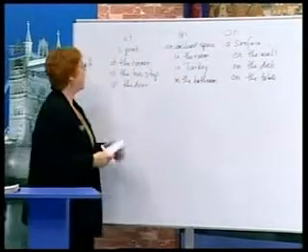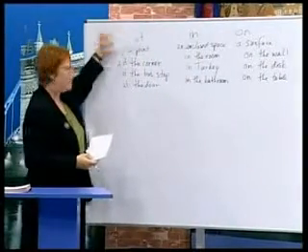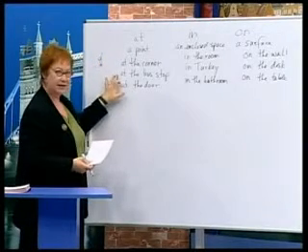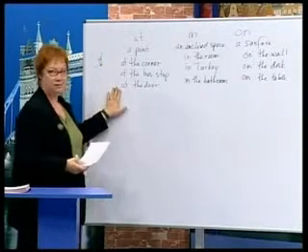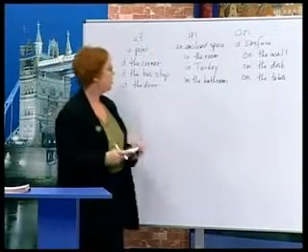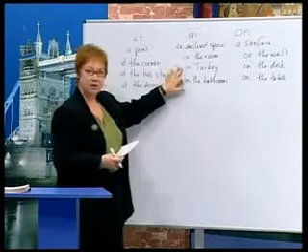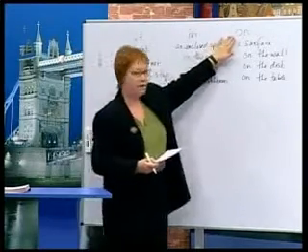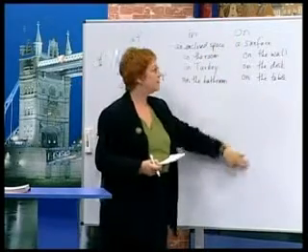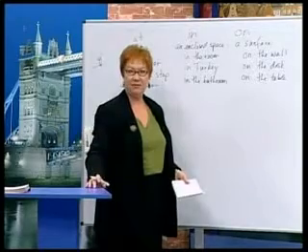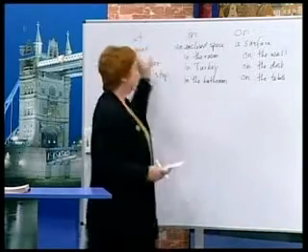So again, we have at, a point: at the corner, at the bus stop, at the door. In is in a space: in the room, in Turkey, in the bathroom. And finally, we have on a surface: on the wall, on the desk, on the table. Now, we use these with transportation words.